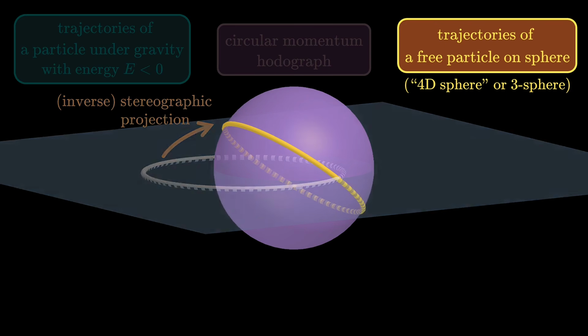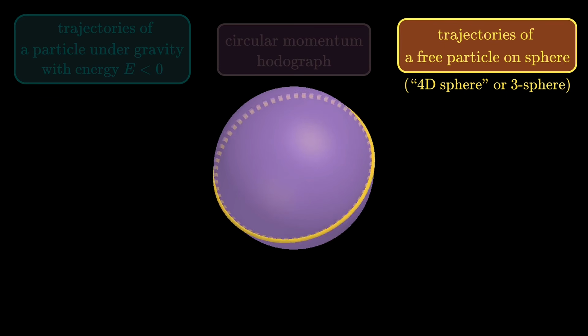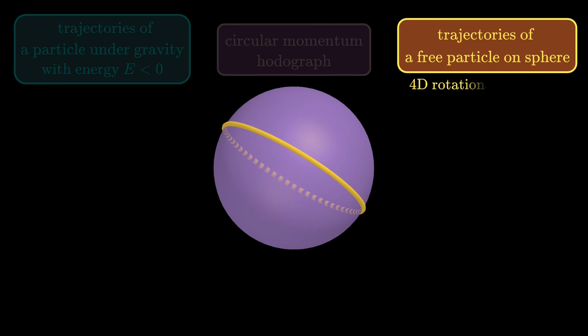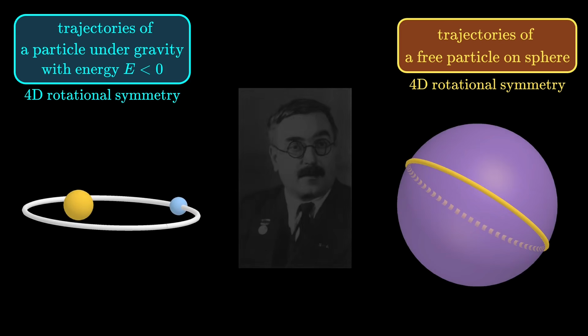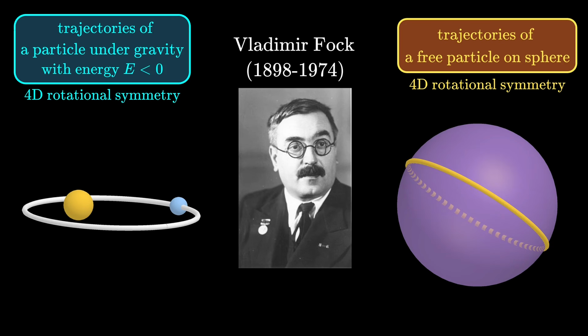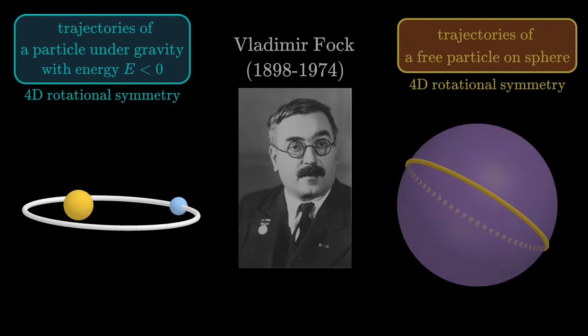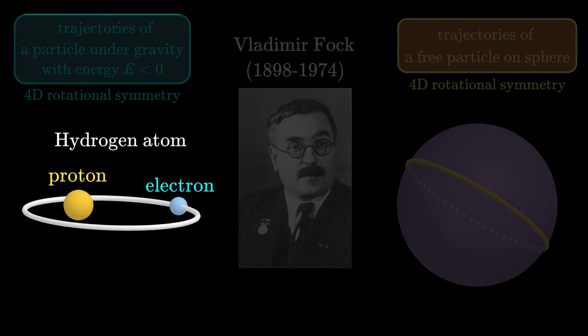Since these trajectories on the sphere have a 4D rotational symmetry, we say that the original setup also has a 4D rotational symmetry. The first person to mention this seems to be Vladimir Fock in 1935, but he was doing quantum mechanics. A hydrogen atom can be thought of as an electron orbiting the proton, and then you treat it quantum mechanically somehow.